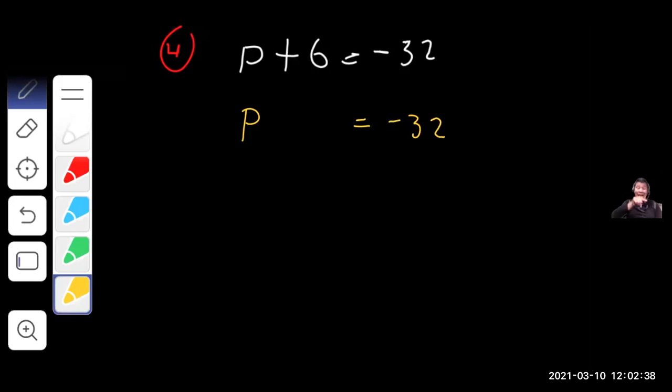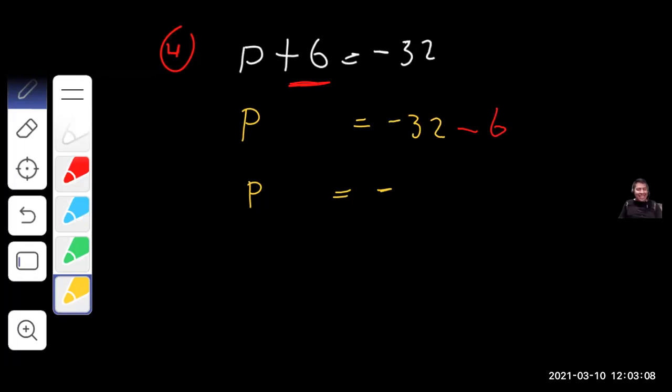Okay, 6, you're bothering me. If you're adding here, I'm going to move you to the other side and change your sign. You're positive, on the other side you're going to be negative. And now P is alone. Excellent. Let's subtract. Negative 32 minus 6. Negative 38.